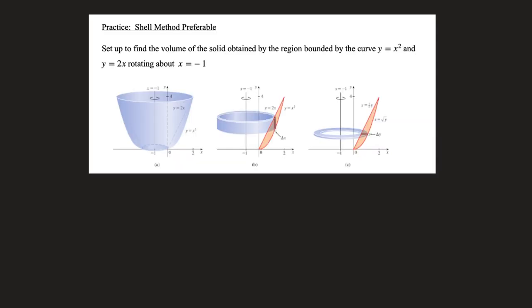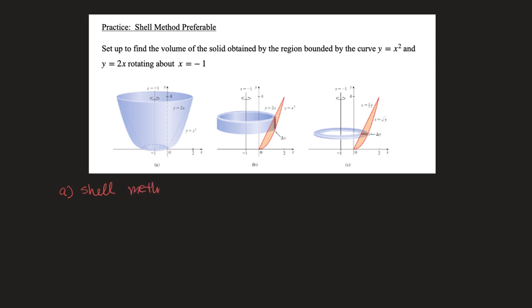Let's set up and find the volume of the region bounded by the curves y equals x squared and y equals 2x, rotating about x equals -1. Why is the shell method more preferable, much easier, guys? Okay, let's just set it up. Let's try the shell method first. Rotating over x equals -1, we're going to use the shell method.